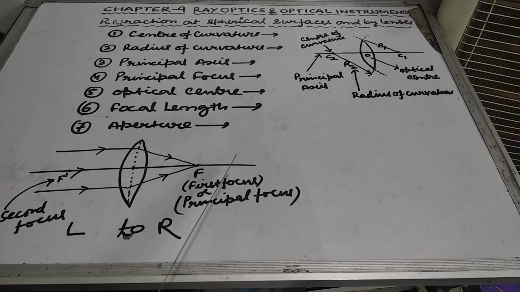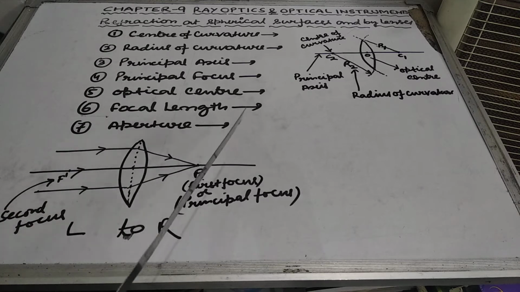This is known as first focus. And when the light rays come from right to left, the focus will be over here. So this will be known as second focus.